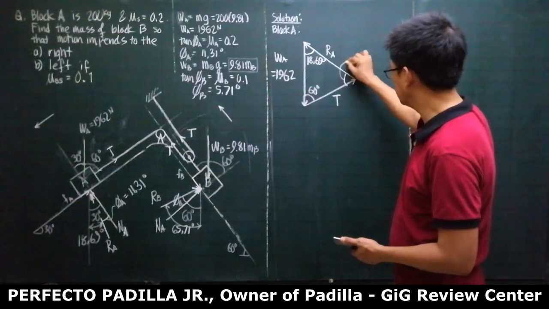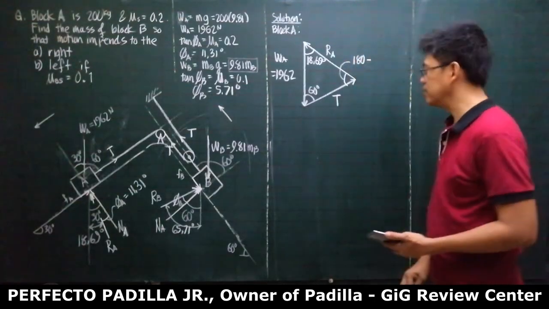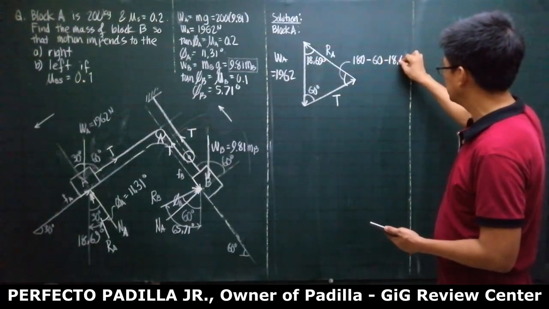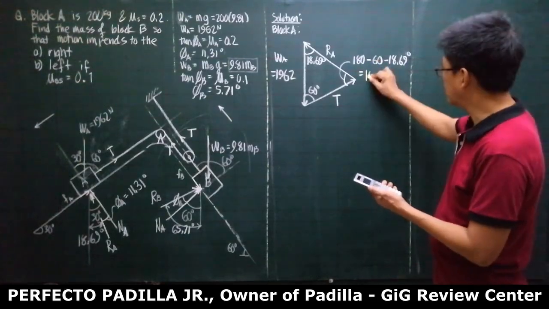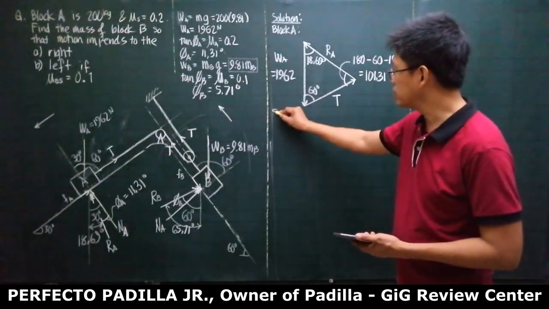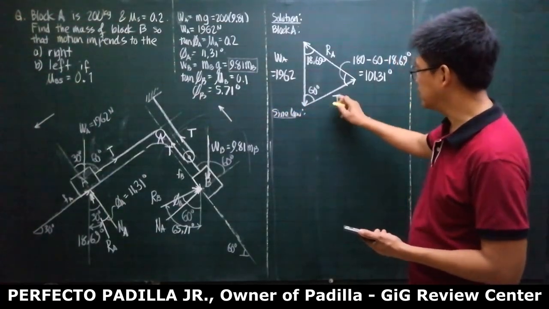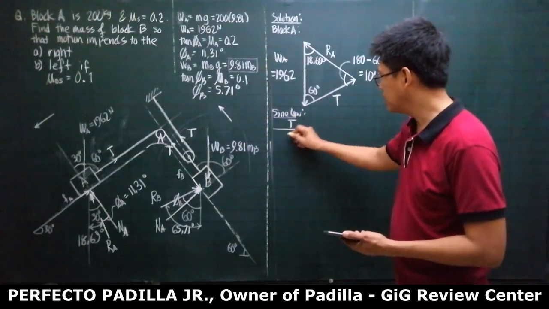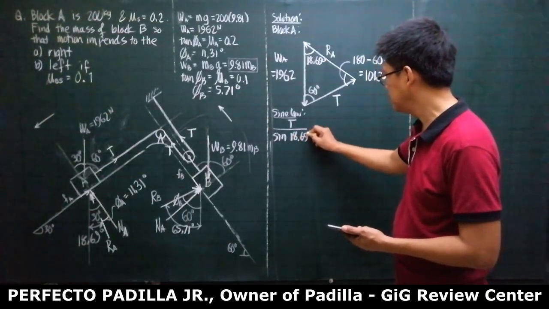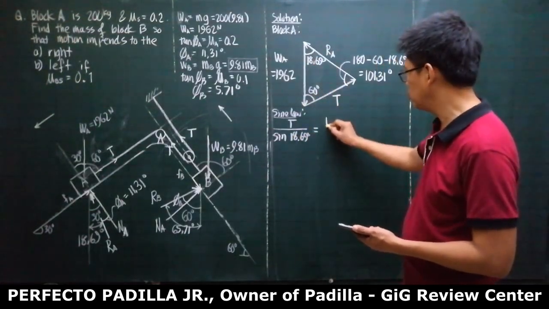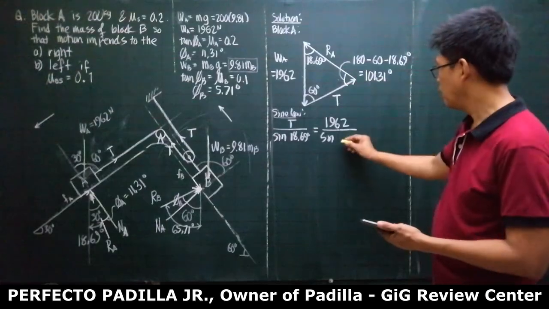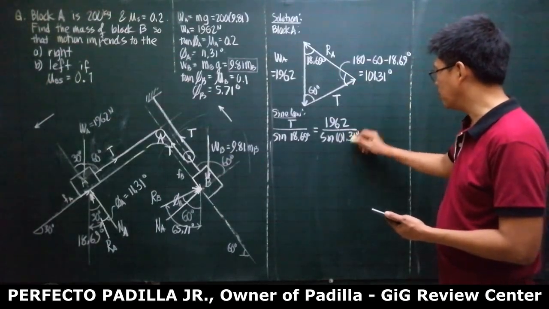So therefore, this angle must be 180 minus 60 minus 18.69 degrees. This is 101.31 degrees. Now, if we will apply sine law, we therefore have here T over the sine of the angle opposite, 18.69, is equal to 1962 divided by the sine of angle opposite it, 101.31 degrees.